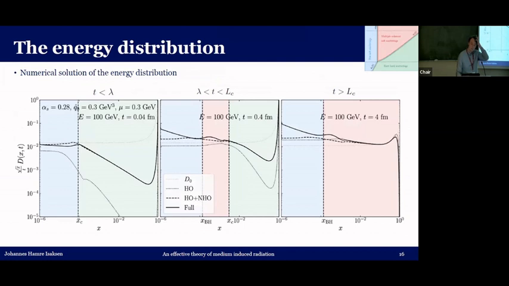So we solve this numerically with our kernel and we get this. So for early times, you can see that, of course, when there was only one parton, the full peak is here at 1. It's just a delta function at 1. At early times, this peak is still there, but some energy has been moved to softer modes.